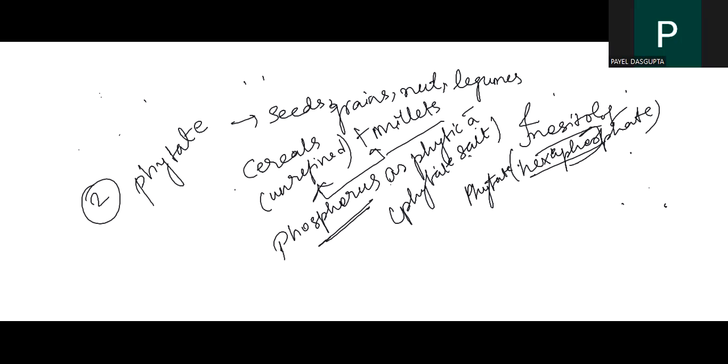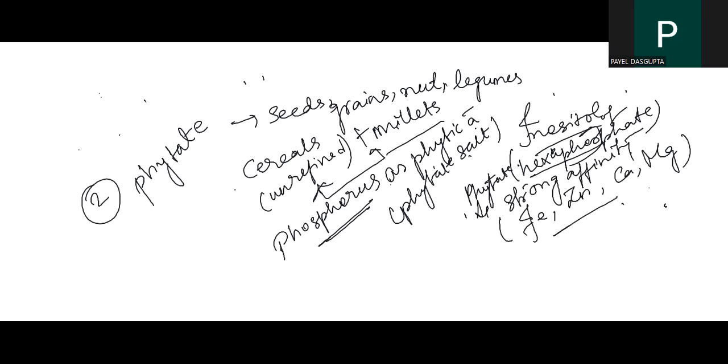As we have introduced in the first class, I said they interfere with the available nutrients. So here the phytates have a strong affinity to bind with iron, zinc, calcium, magnesium.